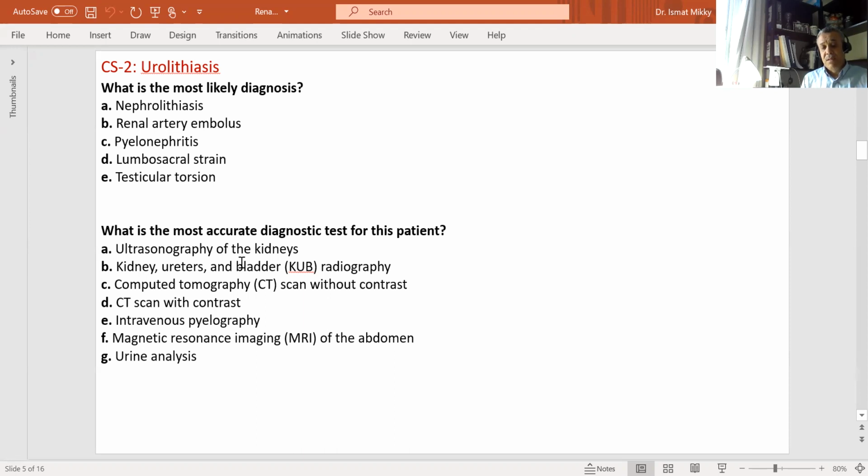Lumbosacral strain is simply back pain that you can elicit with palpation. Hypertension is not specific enough to be useful, and anything that causes pain can definitely also lead to hypertension.